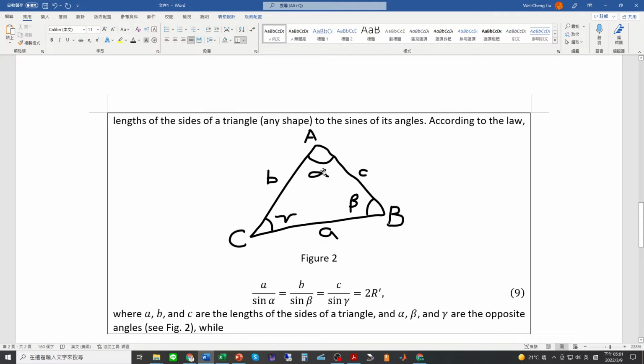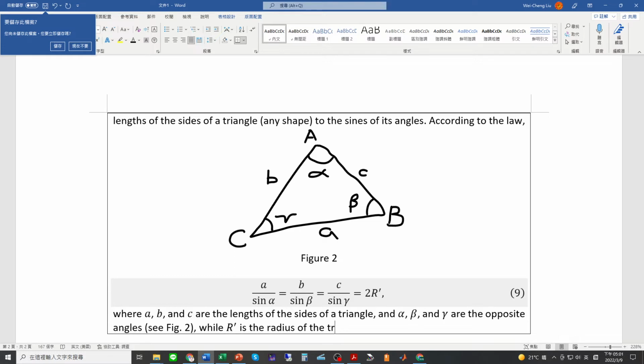Alpha is the opposite angle of A, beta is the opposite angle of B, and gamma is the opposite angle of C. Capital R prime is the radius of the triangle's circumcircle.